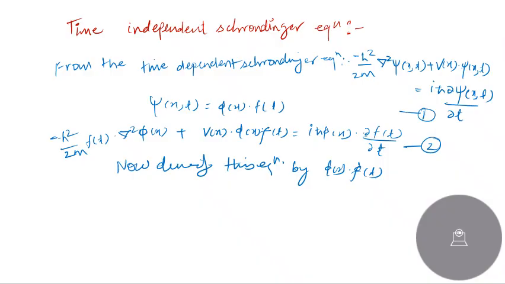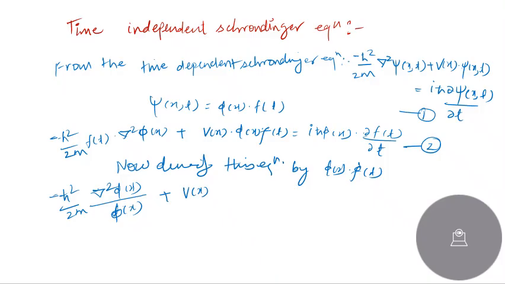Here it will be cancelled out. So h cut square upon 2m, del square phi of x plus V(x).